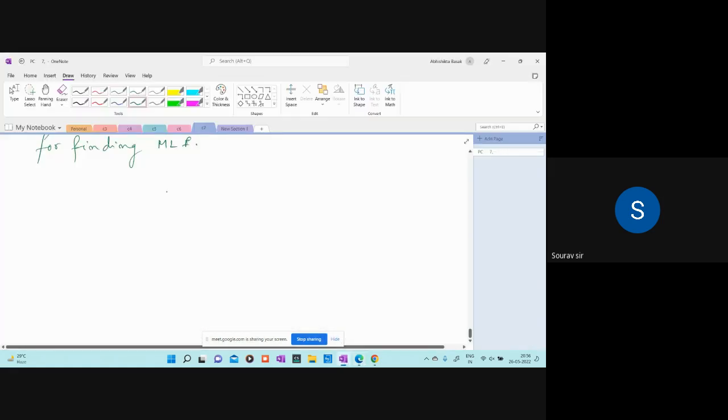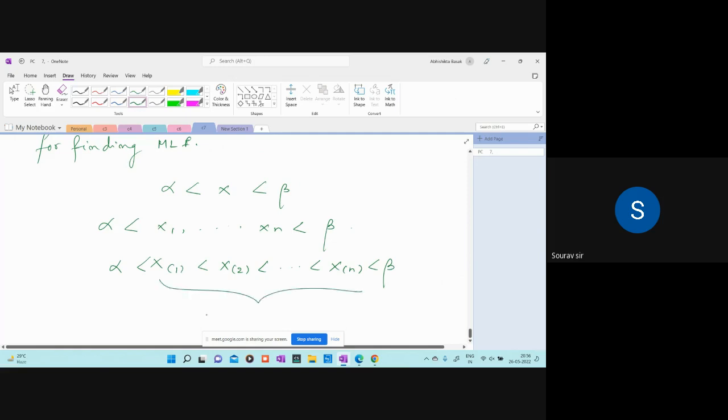As you can see, alpha less than x less than beta for a single sample. If I have multiple samples, then all the samples will lie between alpha and beta. If I order the sample, this will be my ordered sample, and it is going to lie between alpha and beta as well.